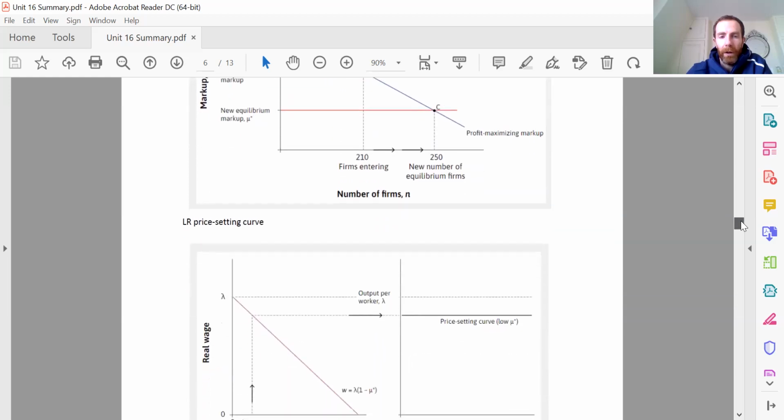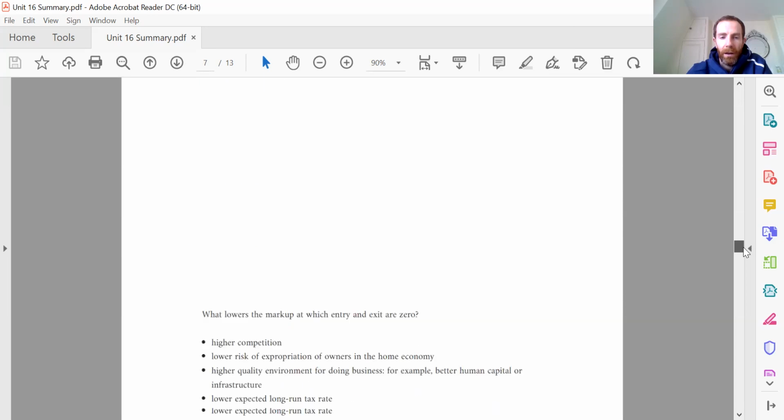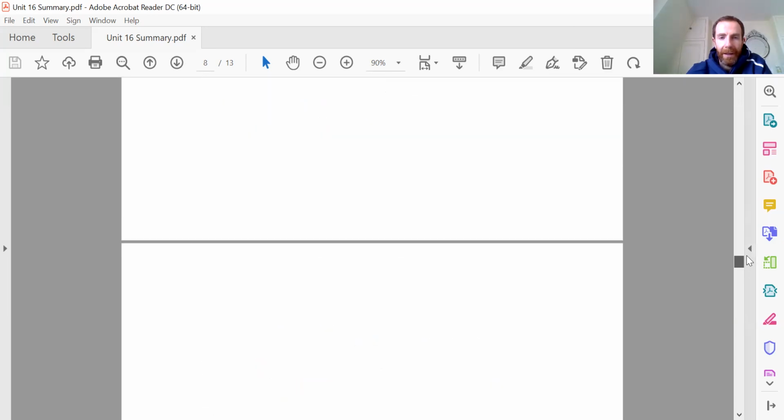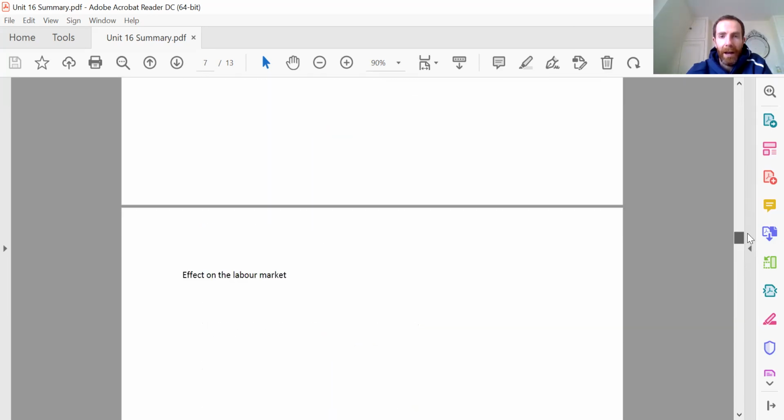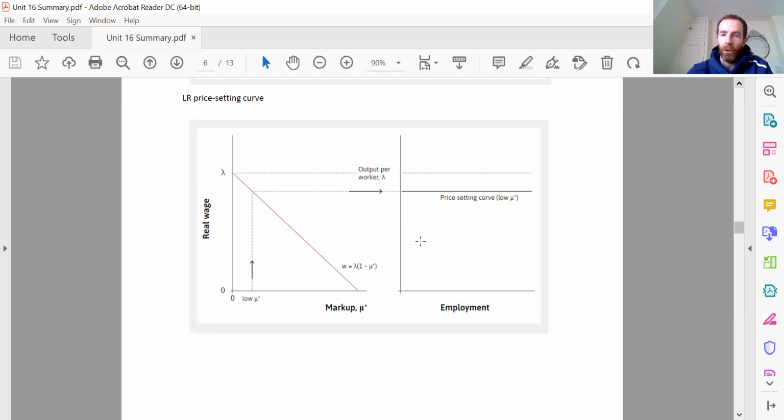So what we're going to do now is look at the final impact on the labor market. In fact, what I'll do is run through a full story here.